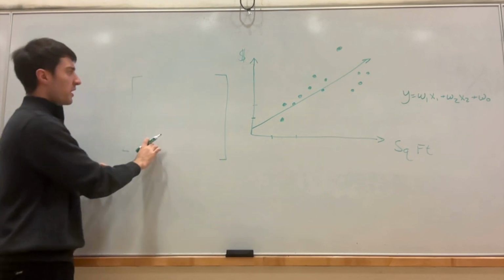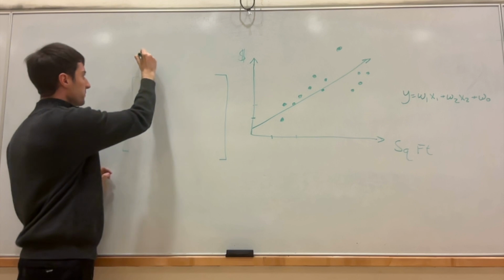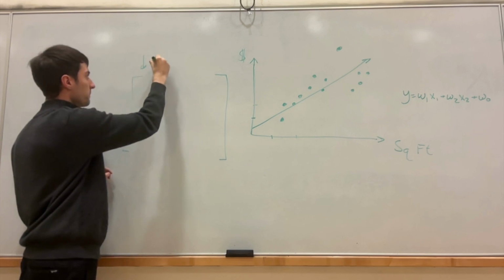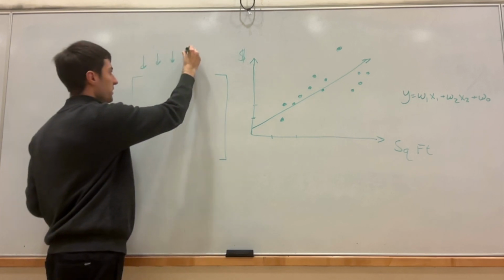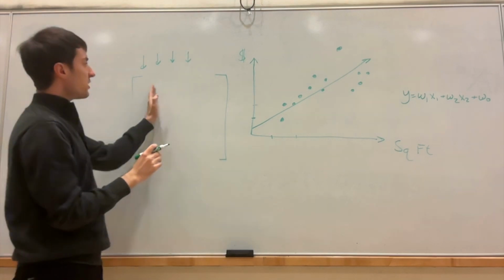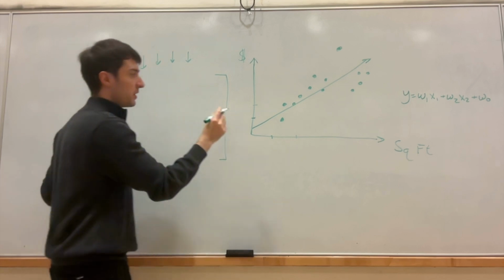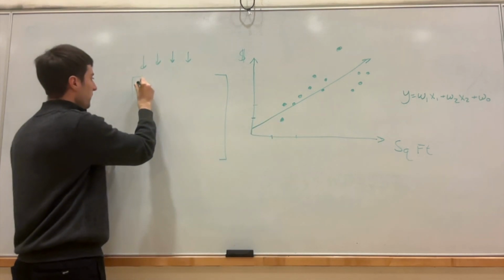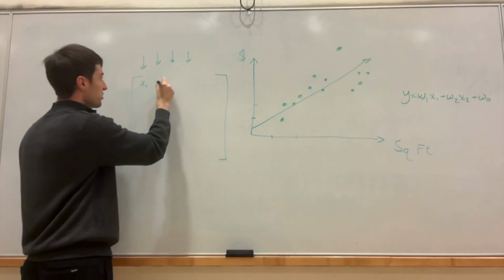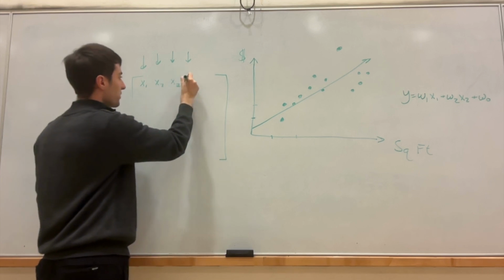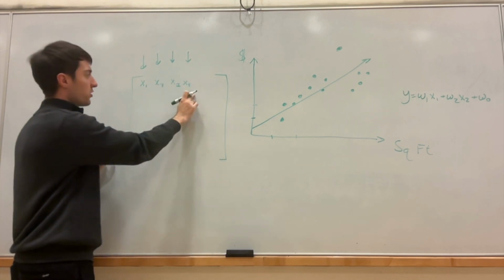And each of these here, here, here, here, each of these is going to be an input. So this is going to be x1, x2, x3, x4. So each of these is a different dimension.